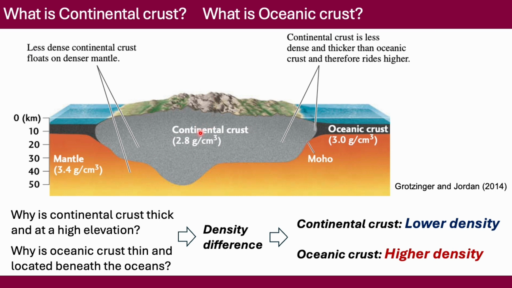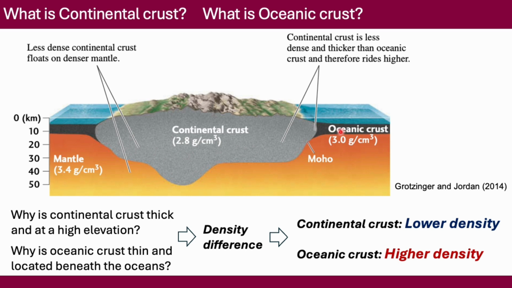This figure is a cross-section of the upper part of the Earth, including the crust and the uppermost mantle. The lighter colored part represents continental crust, whereas the darker part represents oceanic crust.